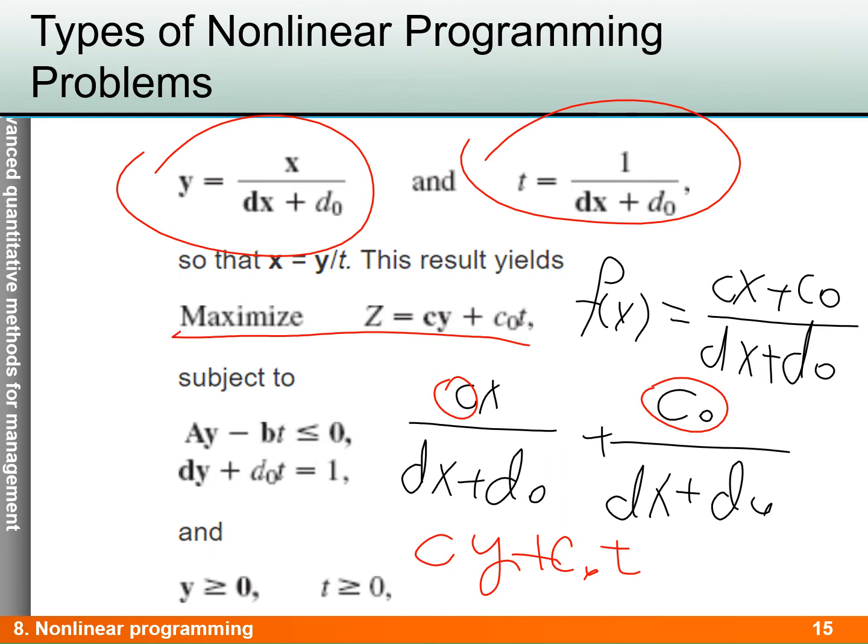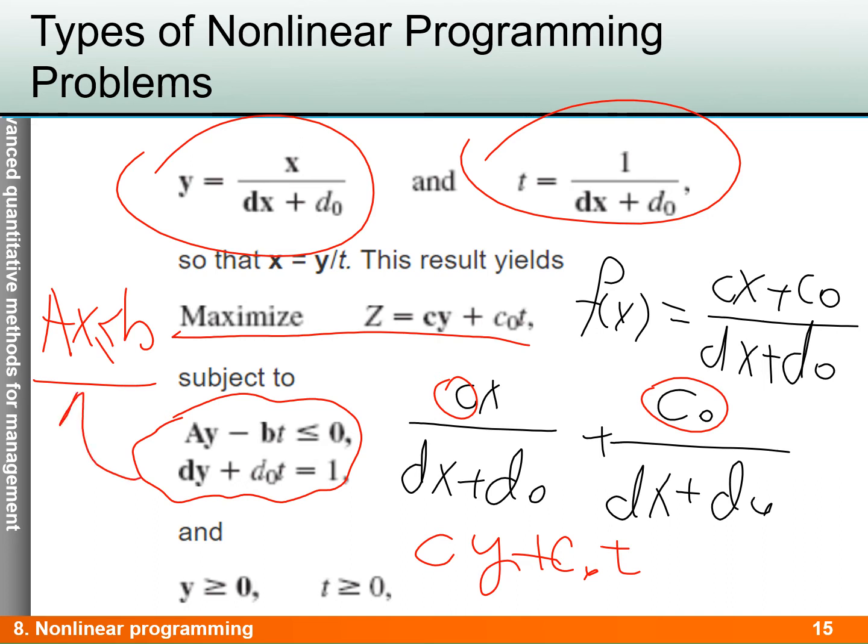And obviously, when we had Ax less than or equal to b in a typical form of our linear programming, I can write this type of constraints based on this constraint for my problem. And obviously, my new variables y and t should be greater than or equal to 0, non-negative.